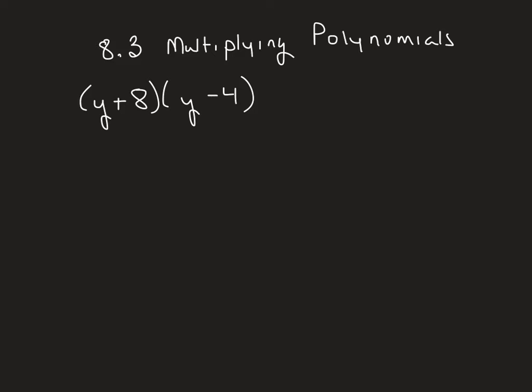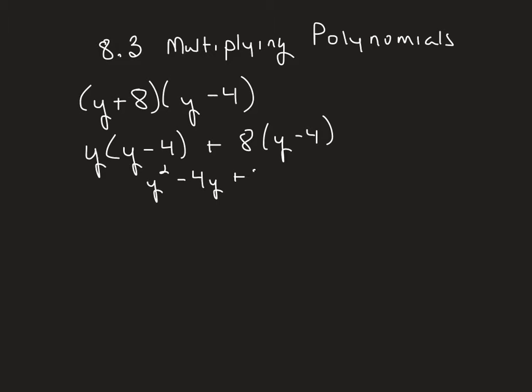I'm going to use the distributive property and multiply everything in the second binomial by y. So we're going to have y times y minus 4 plus 8 times y minus 4. And when we do that, we get y squared minus 4y plus 8y minus 32.